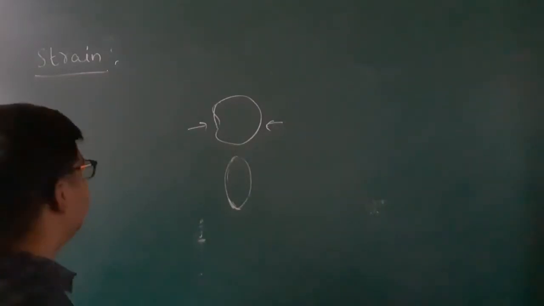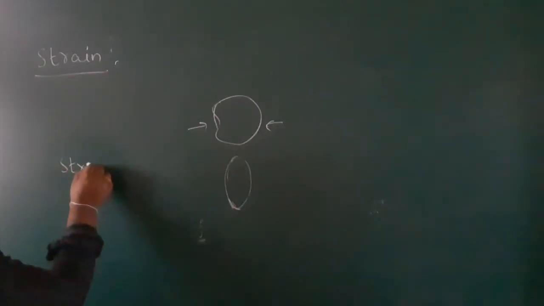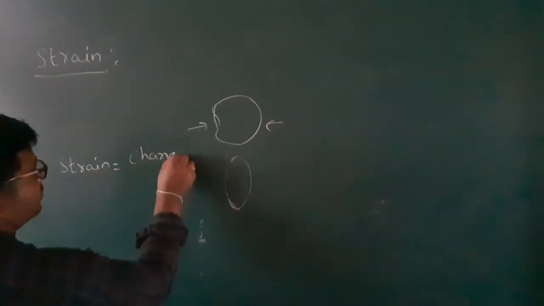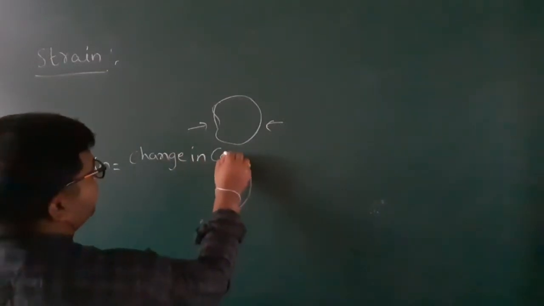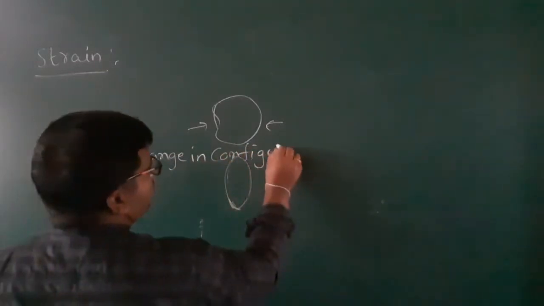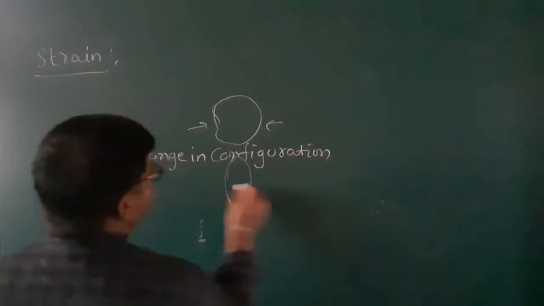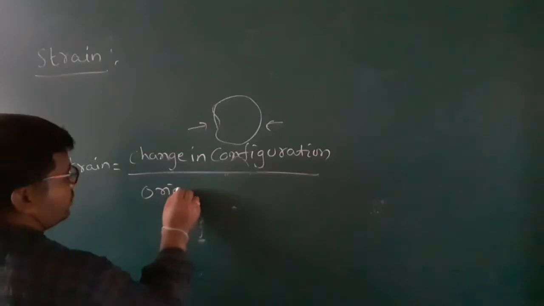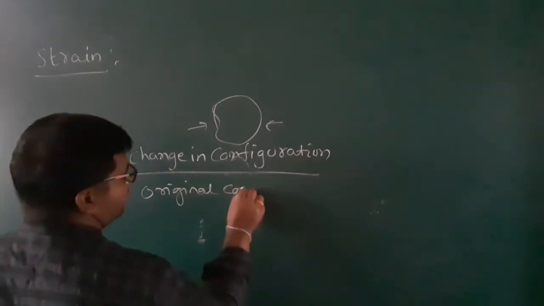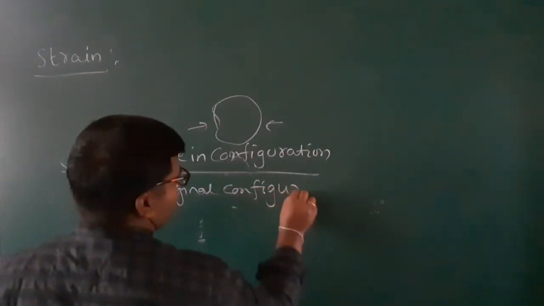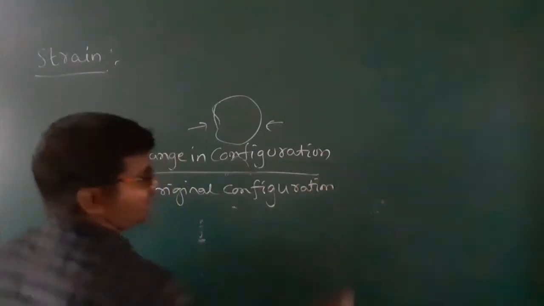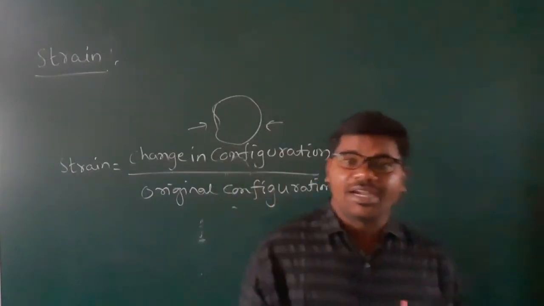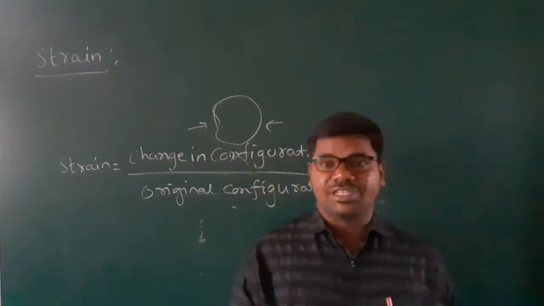Here, strain is defined as change in configuration divided by original configuration. Understand? Strain is defined as, when a deforming force is applied on a body, the body's volume or shape changes.